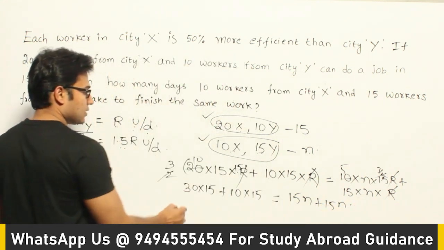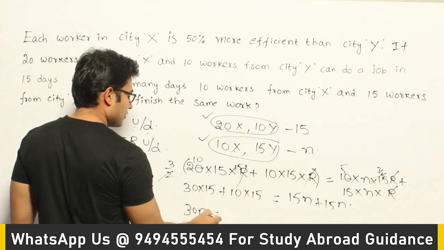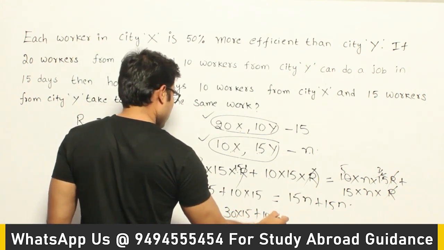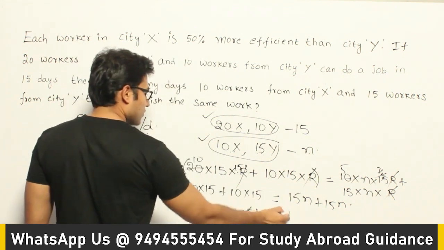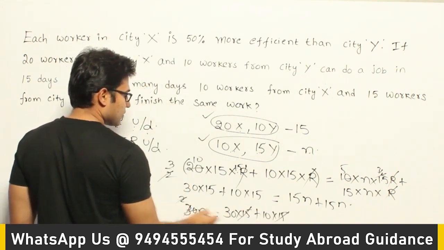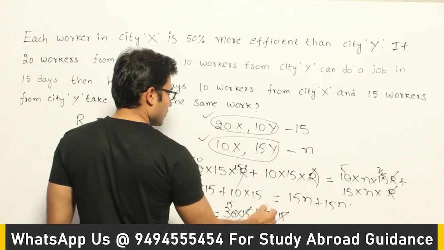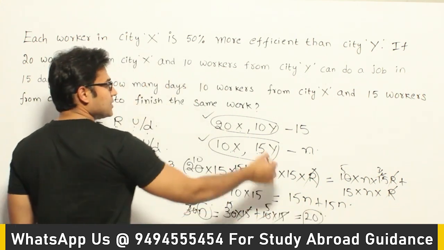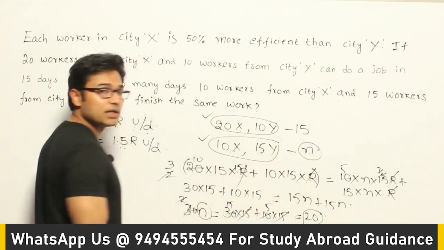So see this, 30n equals 30 into 15 plus 10 into 15. So 15 ones are 15, 15 twos are 30, 15 fives... so 20. So n equals 20, which means this group can finish the work in 20 days.